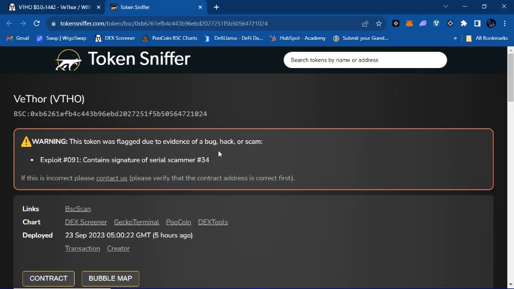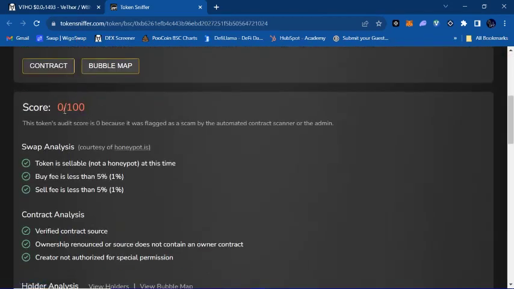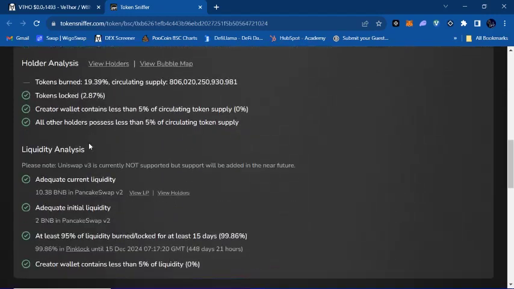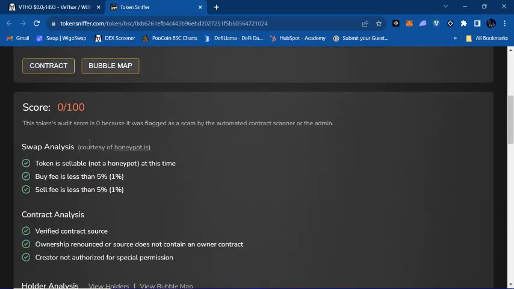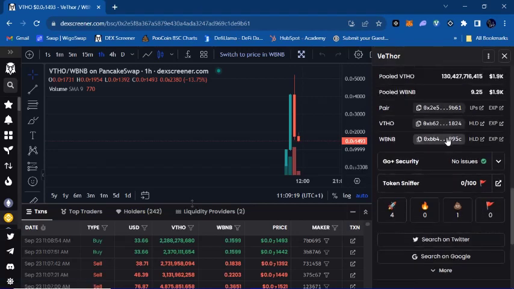If this person has made tokens that have scammed people before, then it's definitely not good for you to trade it, despite, as you can see, everything being okay with it. However, it was flagged as a scam. So do not trade it. The person that makes it is the programmer, the coder. The person that codes this is not a good person, and you should not be trading with them.